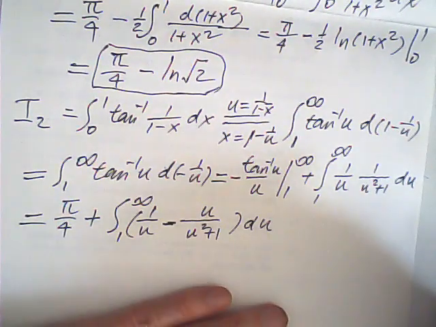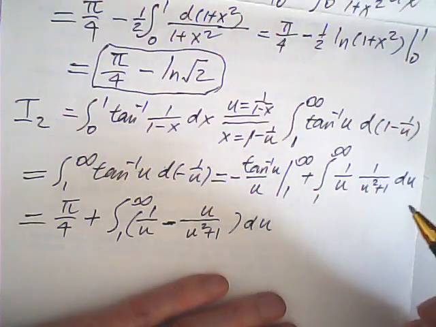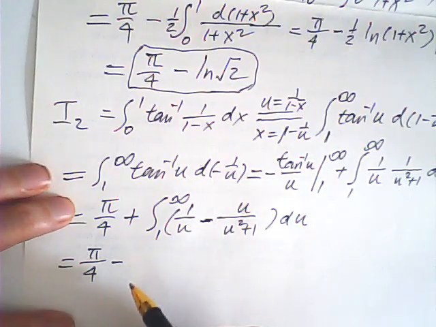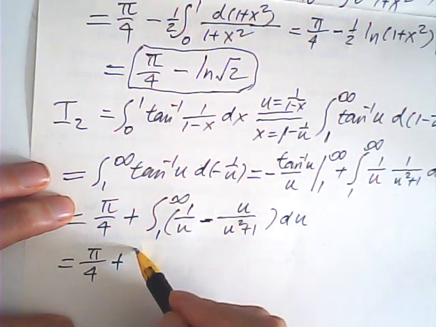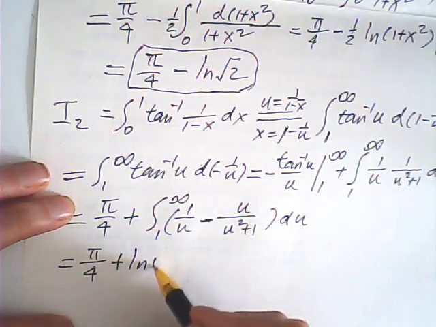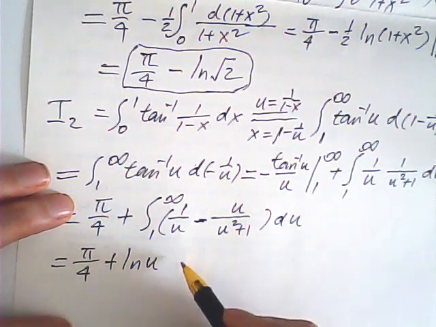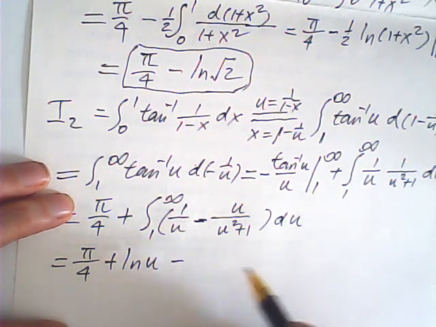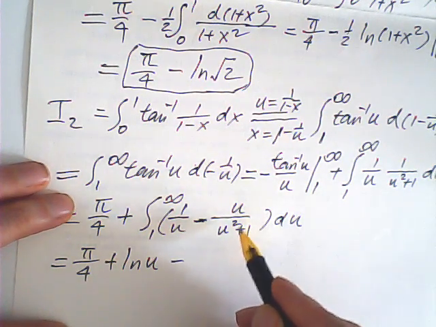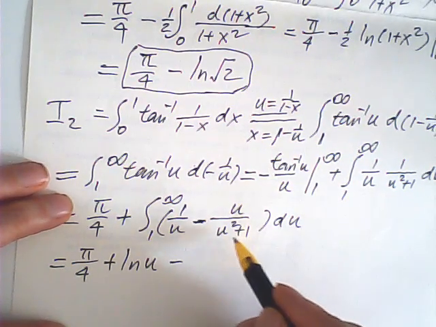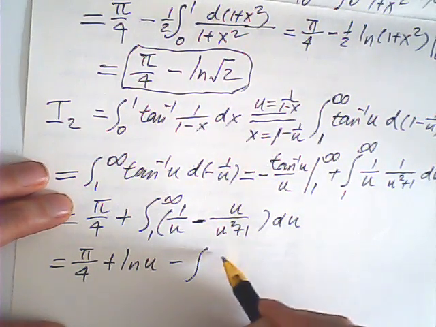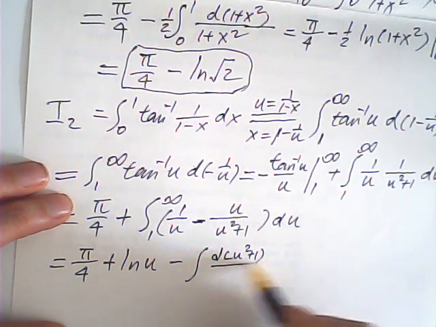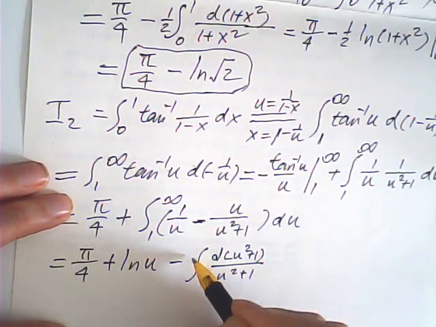So this one is equal to 1 quarter pi plus log u, right? Minus the u squared plus 1 over u squared plus 1 times half.